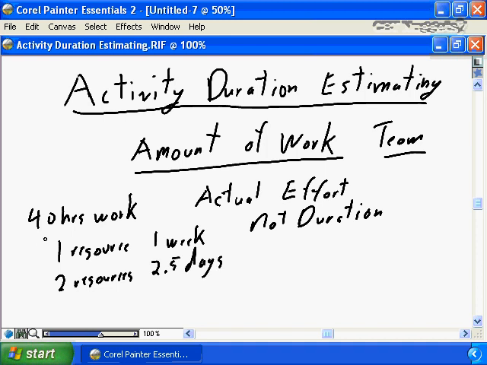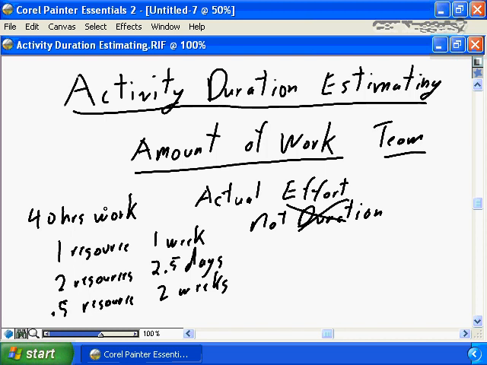Or if you assign that 40 hours of work to someone who's only available to your project half-time, so you have a half of a resource, the work will not be completed for 2 weeks. So activity duration estimating is focused on identifying the amount of work required to complete the project elements, not the duration.